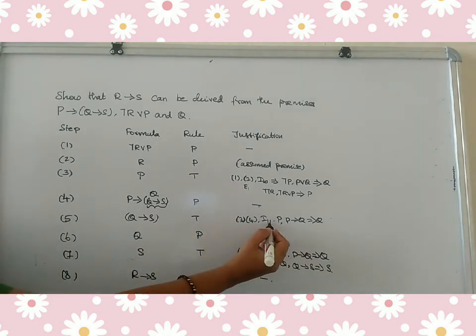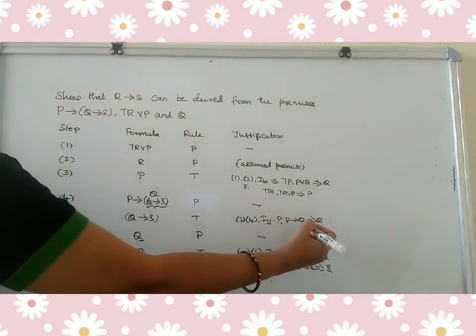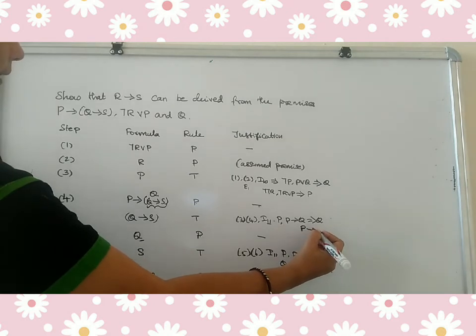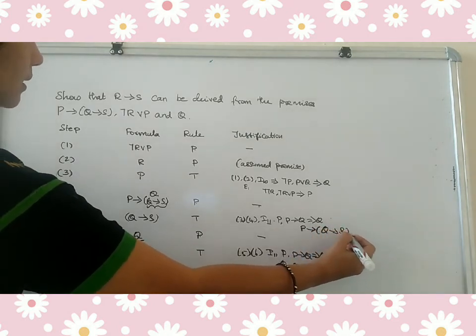So based on I11, we will get the premise Q. I will just write it here, P comma P conditional Q, right? So I can write it here as P implies P. Yes.